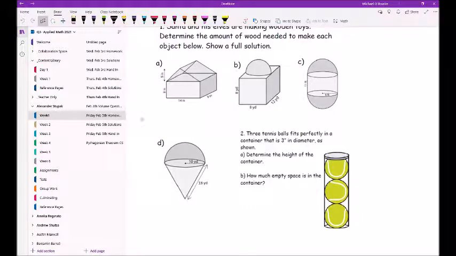This one here, I'll tell you right now, you do not have the height of this. You don't have the height of that. So you're going to have to find that using the Pythagorean theorem.